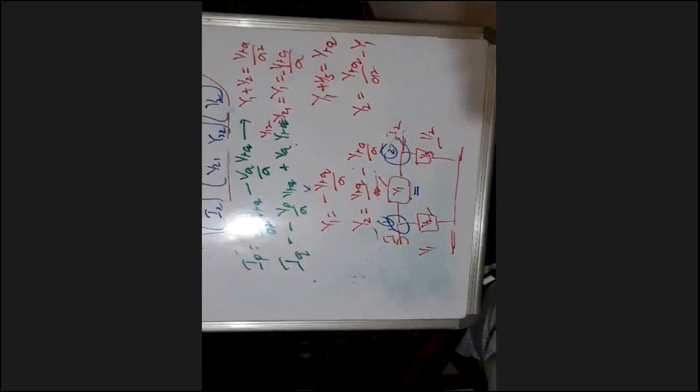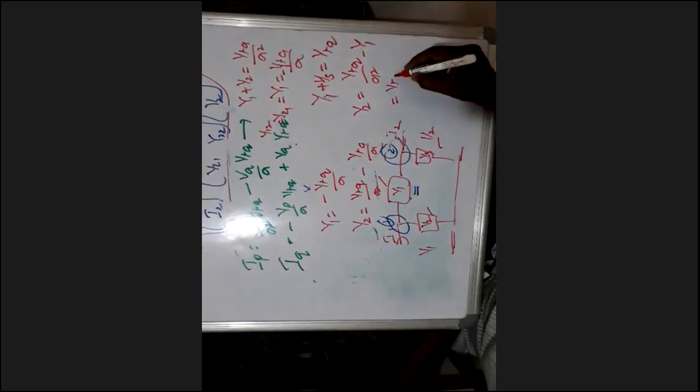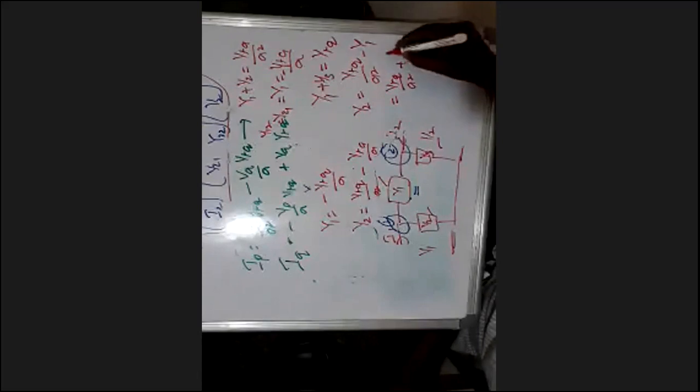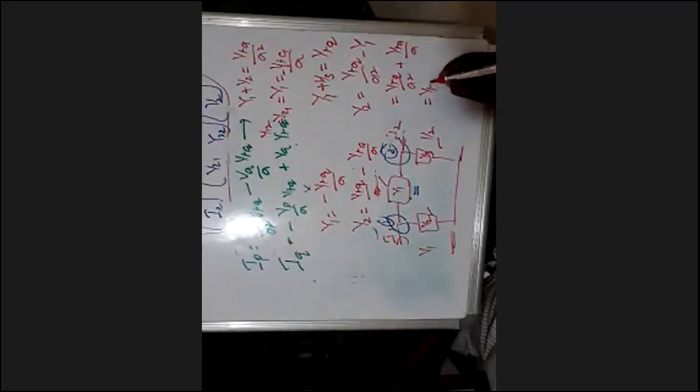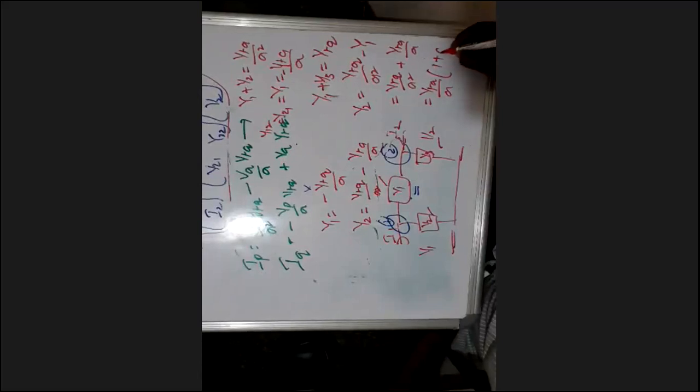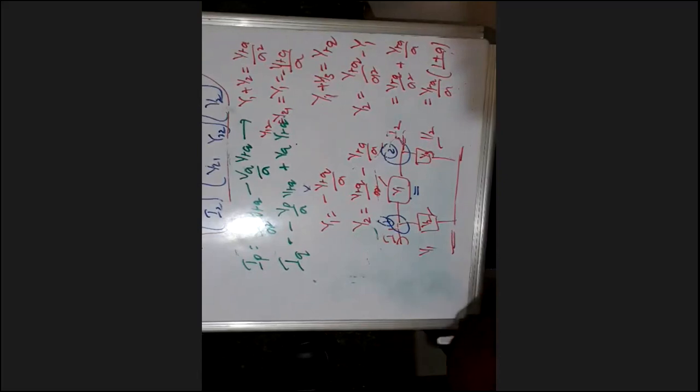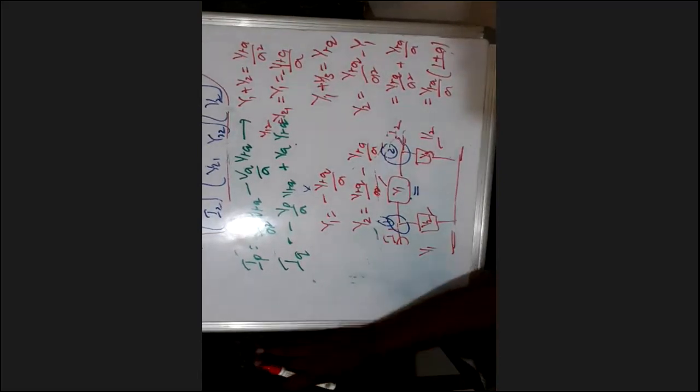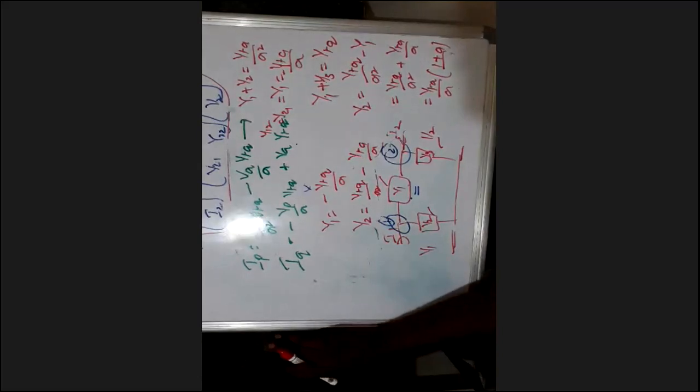Therefore it becomes plus: YTQ by A square plus YTQ by A. Taking YTQ by A common, we get 1 by A plus 1.